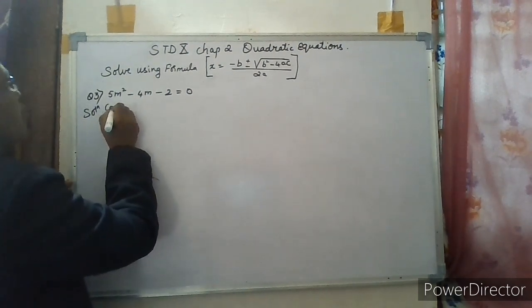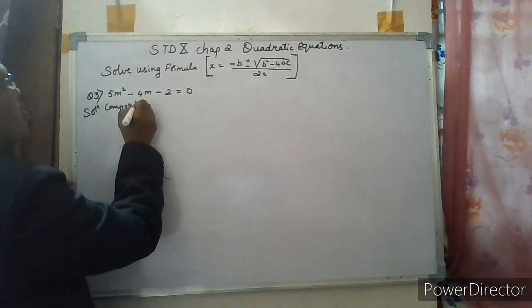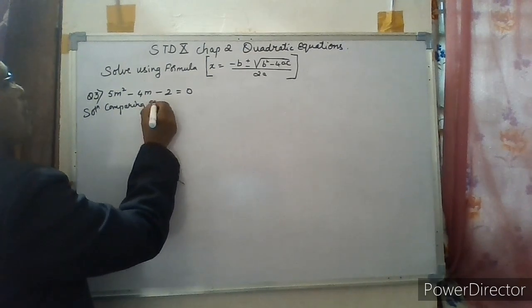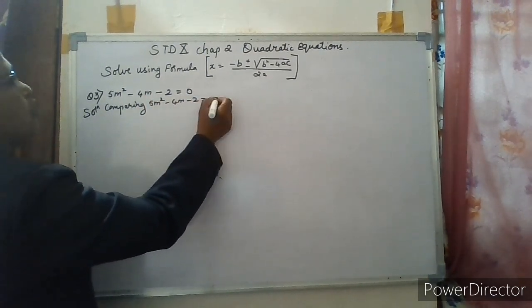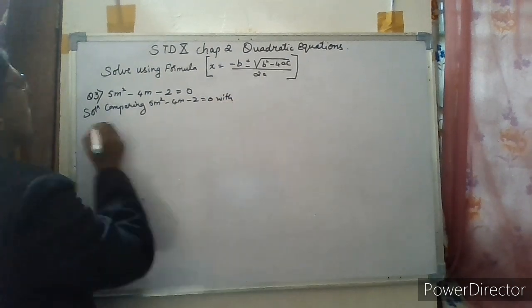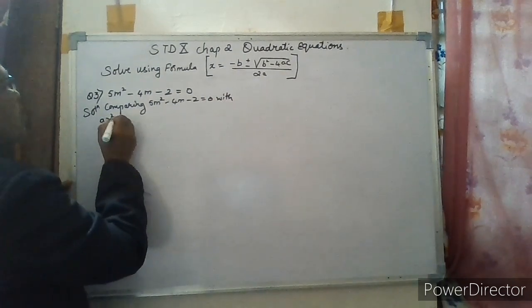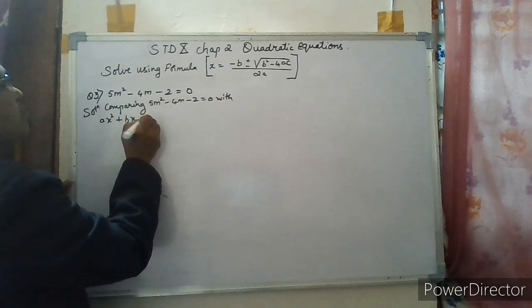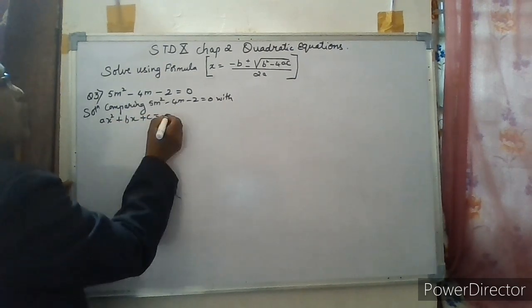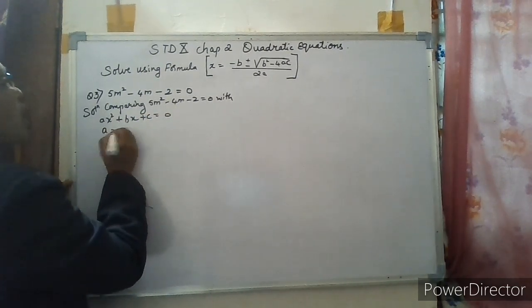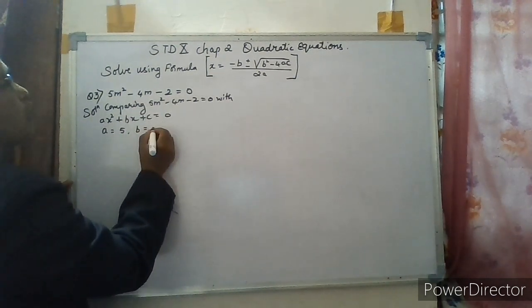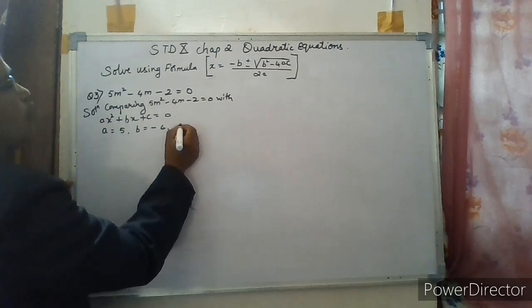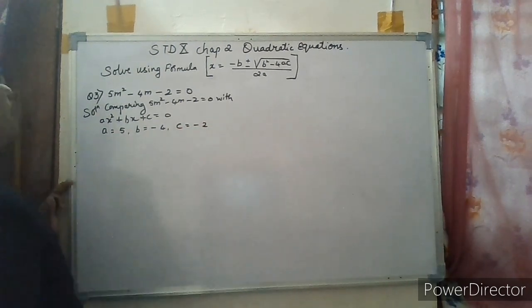So, comparing 5m squared minus 4m minus 2 equal to 0 with ax squared plus bx plus c equal to 0, we have got value of a equal to 5, value of b equal to minus 4 and value of c equal to minus 2.